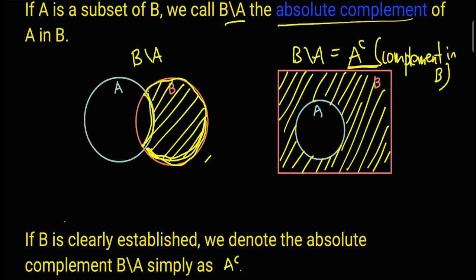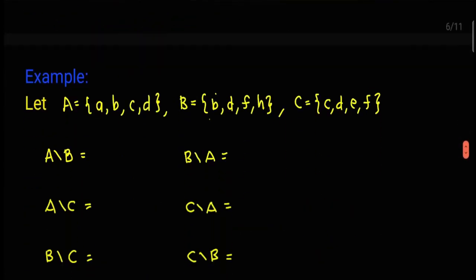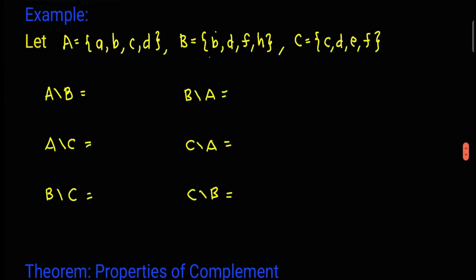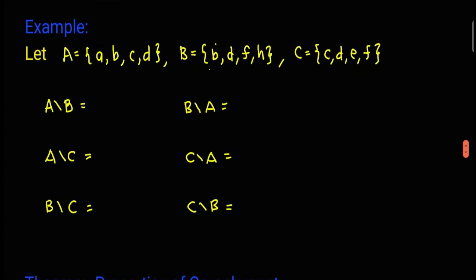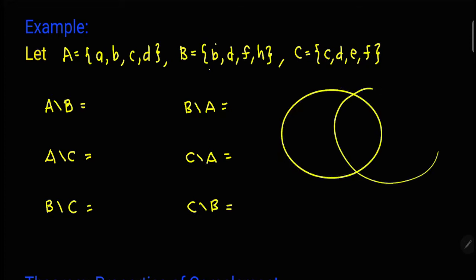Let's have some example. Let's look at the sets again, A, B, C, where A is the set containing A, B, C, D, B is the set containing B, D, F, H, and C is the set containing C, D, E, F. If you want, you can actually do a Venn diagram here to represent these three sets.